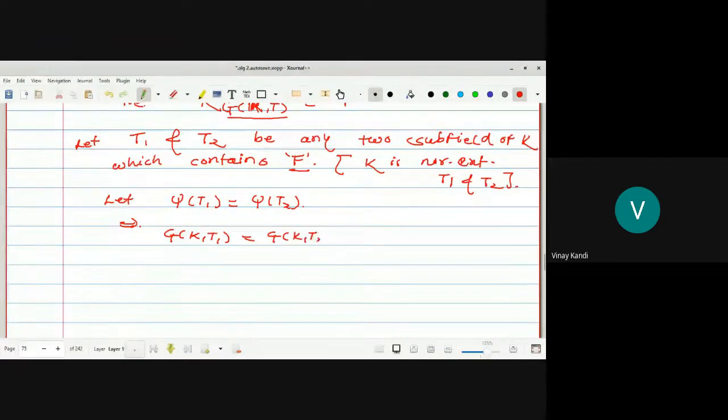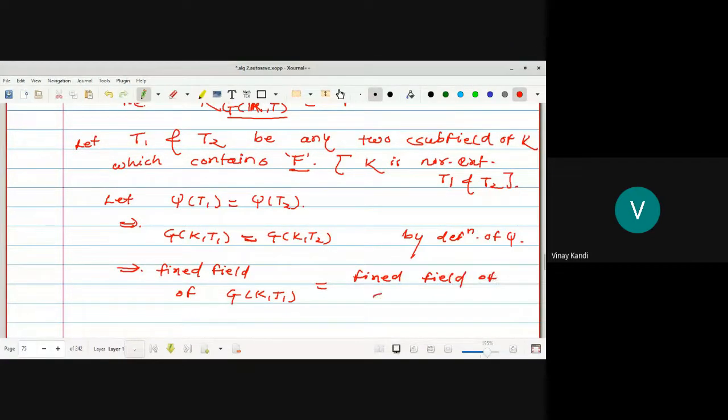Okay, by definition of psi, this implies G(K,T1) is equal to G(K,T2). This means the fixed field of G(K,T1) is equal to what?